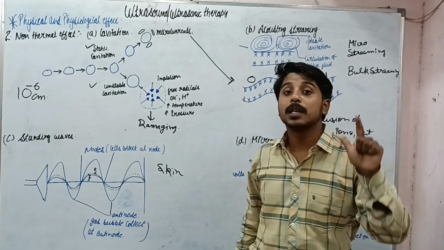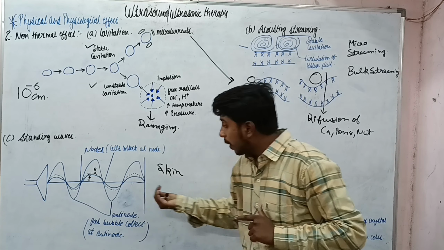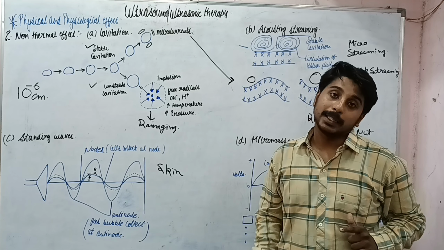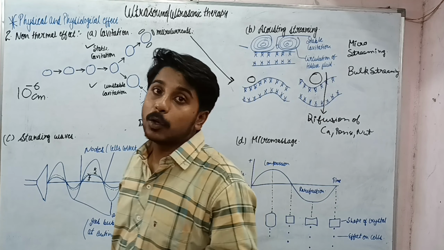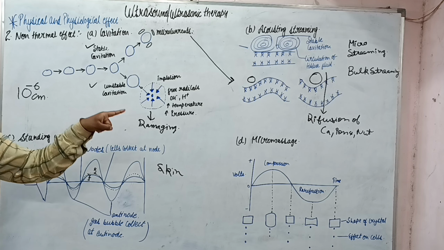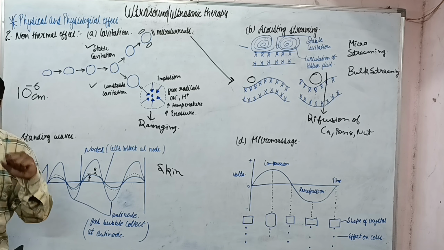Yes, they are in the same phase. They are in opposite direction. Yes, they are in opposite direction. Incidence wave is moving in this direction, while reflected wave is moving in that direction. Also amplitude is the same. Due to this there occurs constructive interference, and this larger blue wave is produced, which is called a standing wave.